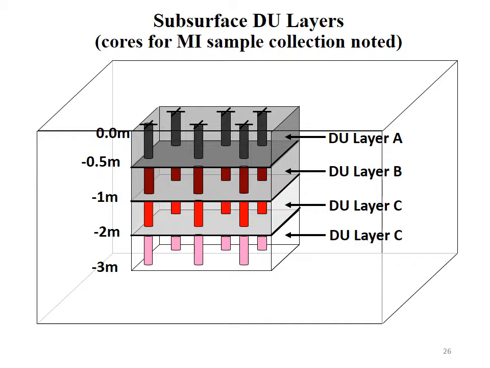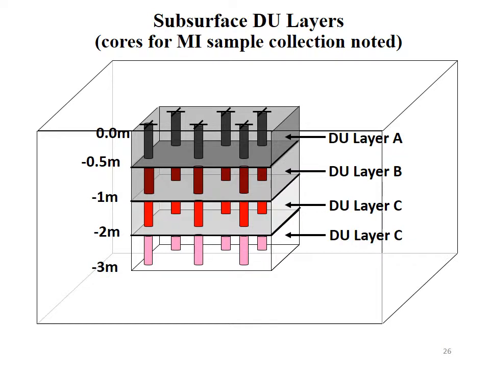Now it's site specific, so in some cases the vertical depths of these decision units could be several feet long, whereas a surface increment is typically fairly shallow. These subsurface increments could be 2 to 4 feet, something like that in some cases, depending on the chemicals of concern and site-specific elements.